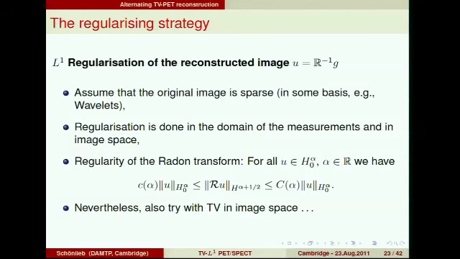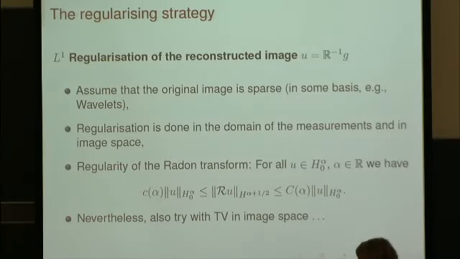Another motivation is what you actually know about the regularity of the radon transform, that the radon transform is more regular than the image. So you could also argue that we actually want to do something more regular on the sinogram and something less regular on the reconstructed image.